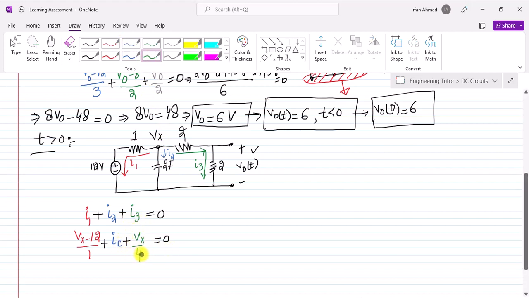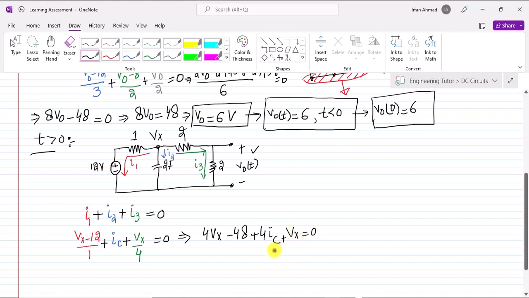Okay, so now let me simplify it to find the value of I of C. For simplifying it, multiplying both sides by 4, I will get 4Vx minus 48 plus 4IC plus Vx equal to 0.